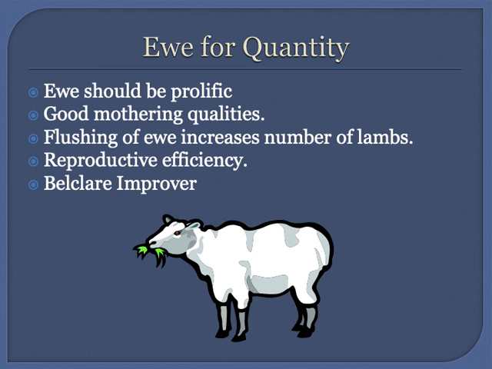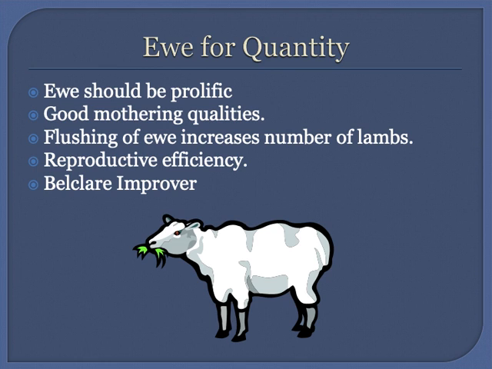Then other things you can do to actually increase that would be flushing the ewe. So if you flush the ewe, what we mean by that is you put the ewes together with a high stocking rate on fairly good pasture for a while before you bring them into the mating season, and then just before the mating season you lower your stock density so that they're getting much better nutrition.